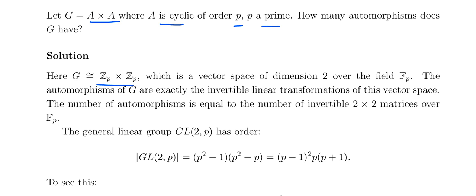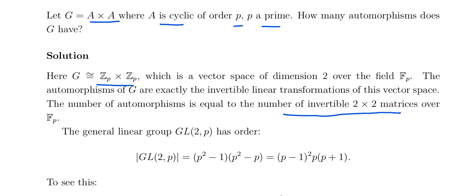That is, the number of automorphisms is equal to the number of invertible 2 by 2 matrices over F_p, that is the general linear group of order 2 with entries in Z_p, where p is prime.